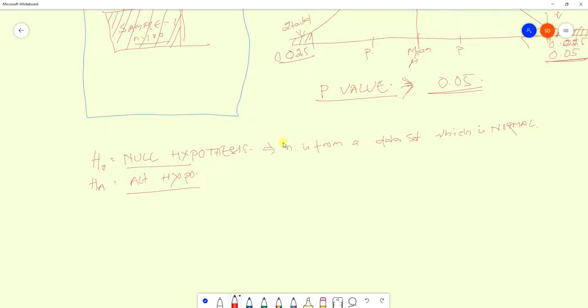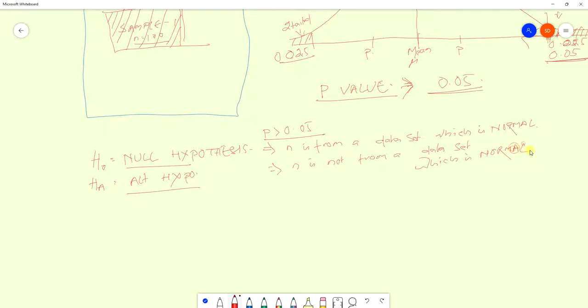And this we can say only when p-value is greater than 0.05. However, if it is not greater than 0.05, we can say that n is not from a data set which is normal.